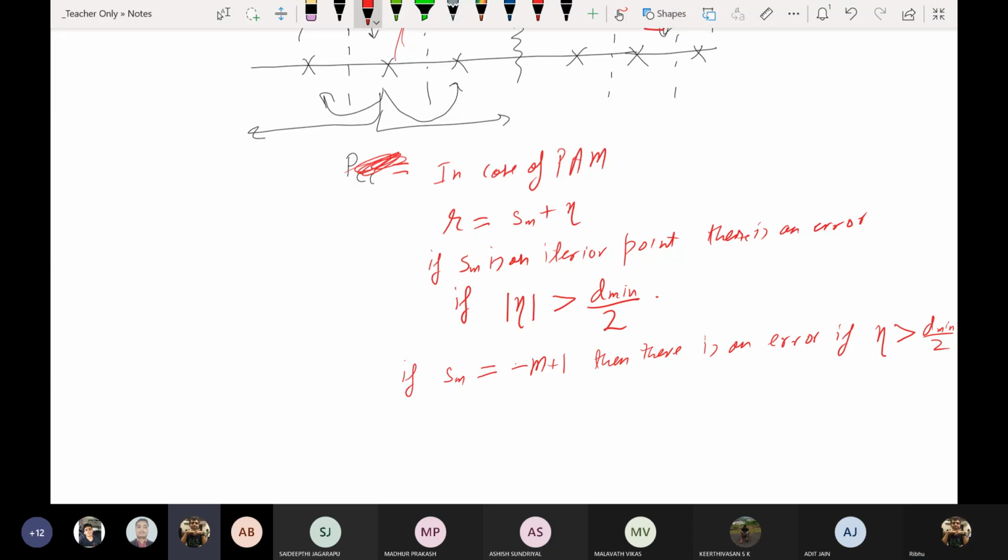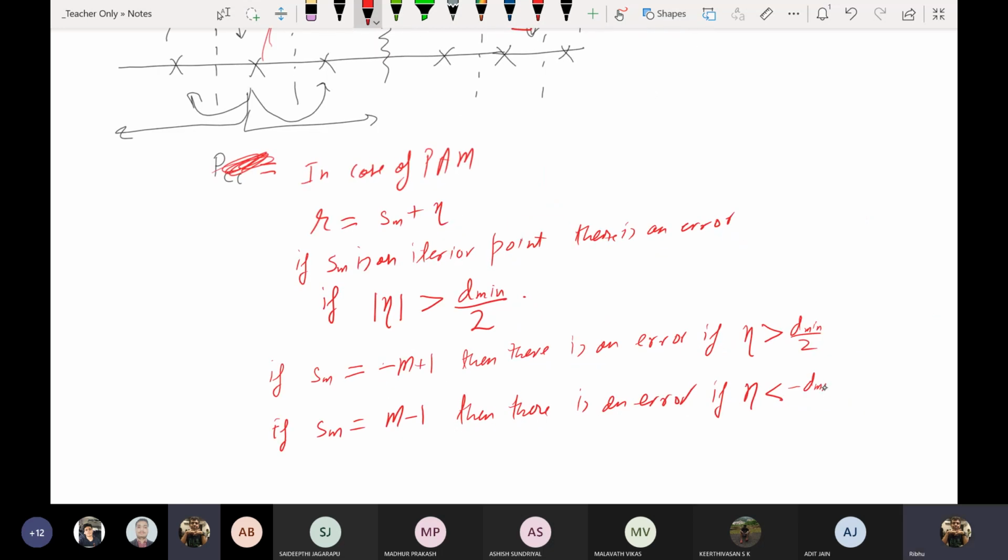If SM equals minus M plus 1, then there is an error. If SM equals m plus 1, m minus 1, then there is an error if eta is less than minus d min by 2, right?